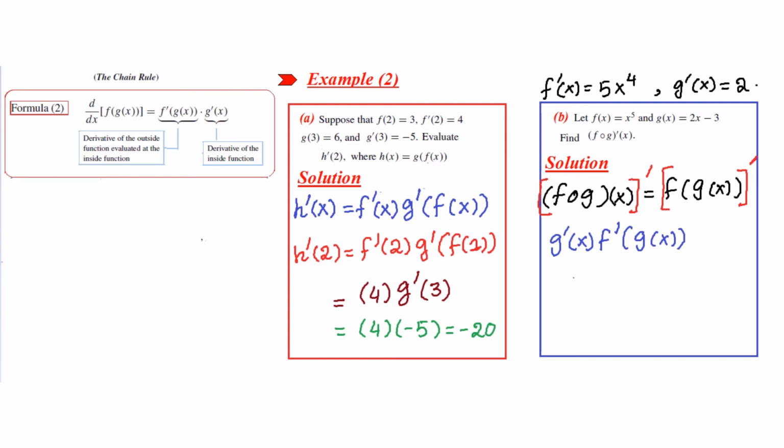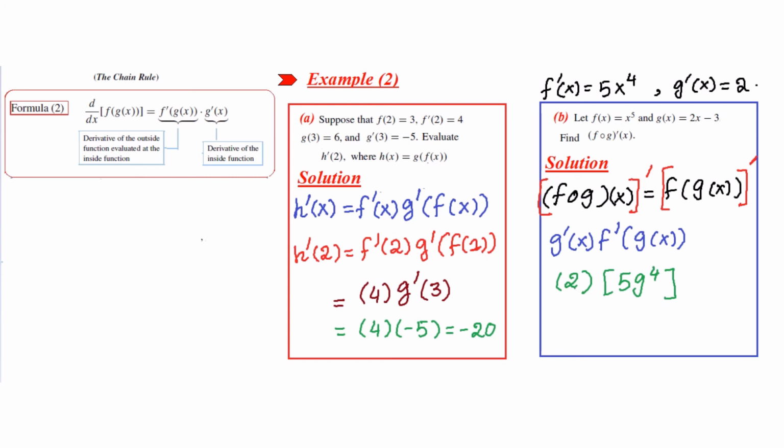Then g prime of x equals 2 multiplied by f prime of g. So you have to replace x in f prime by g. So we have 5g to the power 4.